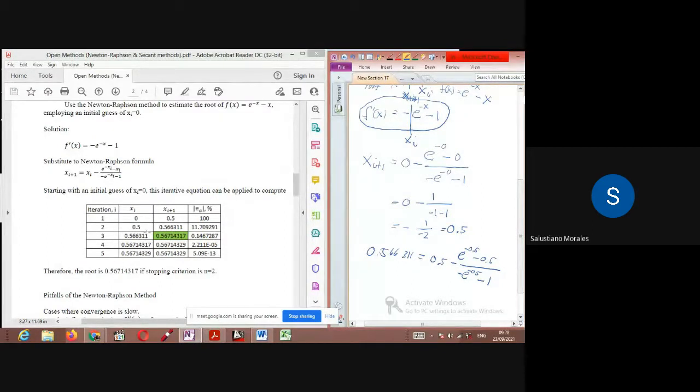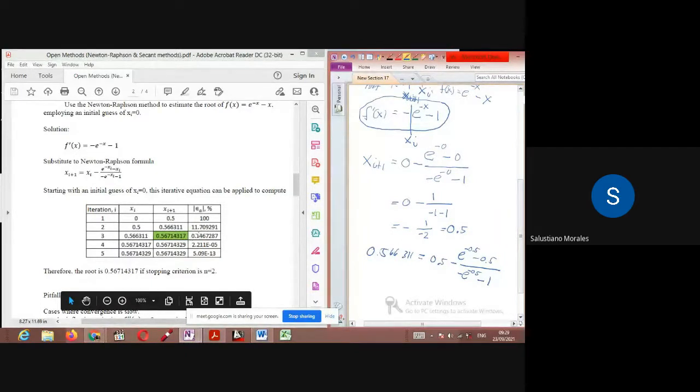The new value of x sub i should be the latest value of x sub i plus 1. It is now 0.566311. Then compute again the value of x sub i plus 1 from the Newton-Raphson formula, just that our x sub i should be 0.566311, and we arrive at a value of 0.567143317.